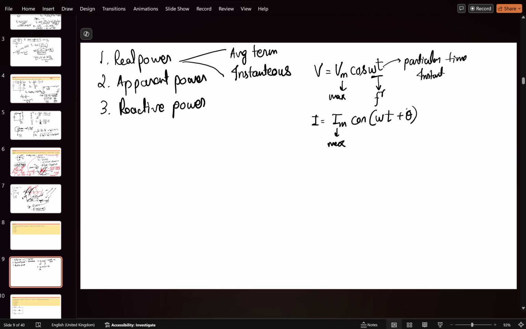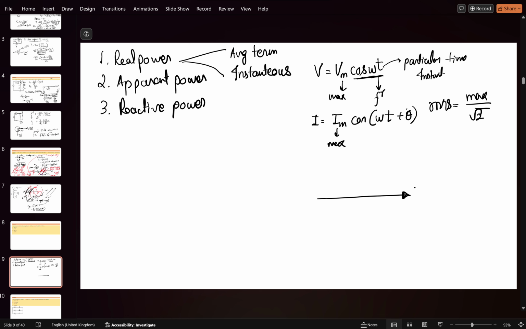What about this theta? Let's see in terms of the phasor. If you take the cos omega t as a reference, in the phasors usually we represent in terms of the RMS value. And RMS is equal to maximum by root 2.